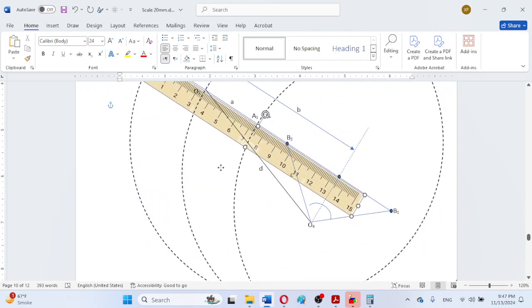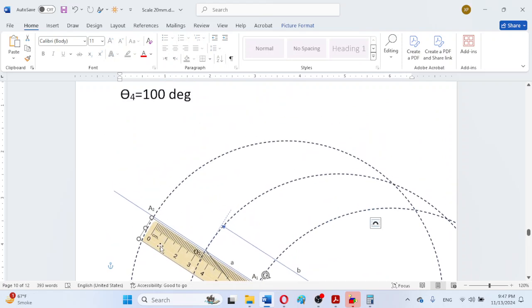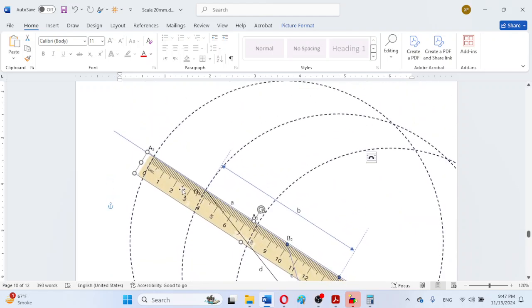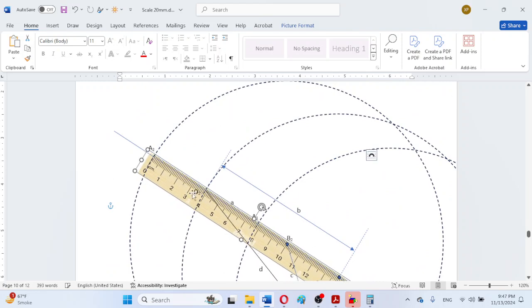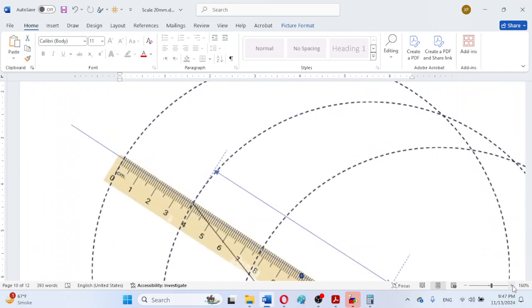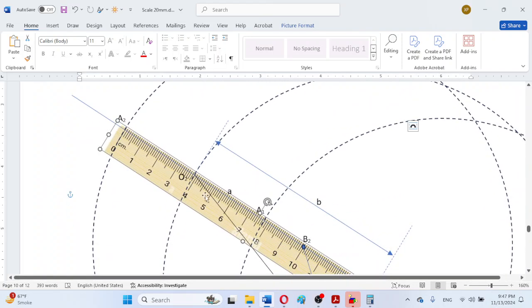So bring the linear scale, first of all measure the crank, and here we can observe very carefully, this is 1 2 3, and we can, for example, zoom in like this for better visualization.